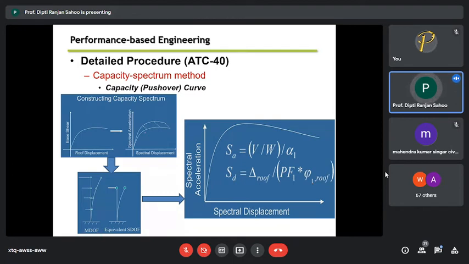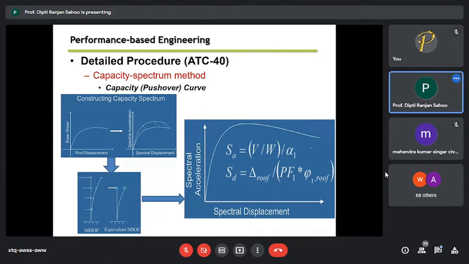So for each value you get the spectral displacement, and then this base shear you have to divide by W, and alpha 1 is the participation factor again corresponding to mode 1. Remember, the pushover curve is the capacity curve for the multi degree of freedom system. You need to convert this to a single degree of freedom system.